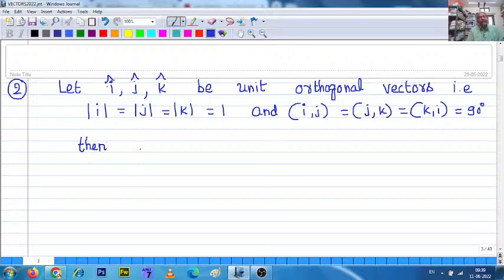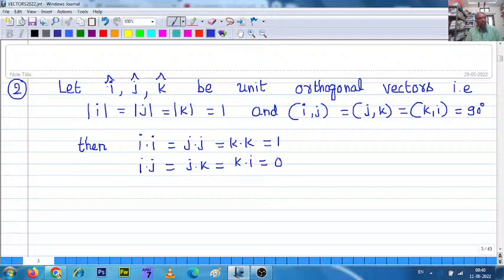My dear students, you remember i dot i is equal to mod i into cos 0. You will be getting i dot i, j dot j, k dot k obviously equal to 1. Next you need to write i dot j, j dot k and k dot i. They are perpendicular, so that is 0 obviously. j dot i, k dot j, i dot k is equal to 0.